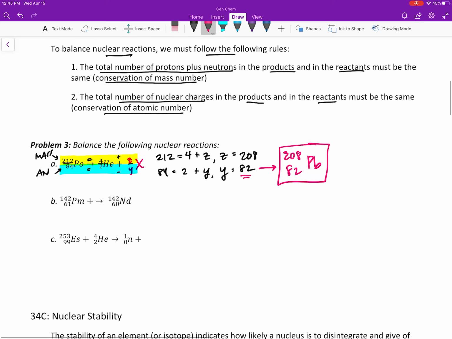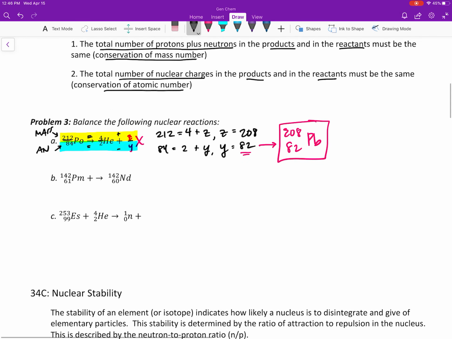Okay. So let's do one more, and then I'll have you guys work on one and submit that separately. The plus sign is in here and over here. So now we're looking for the reactant.